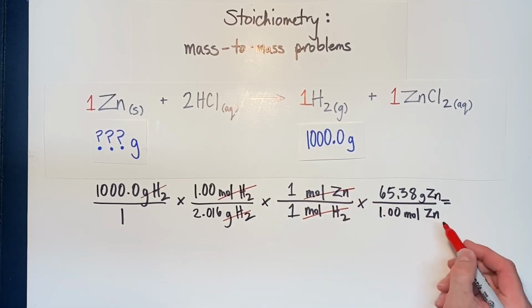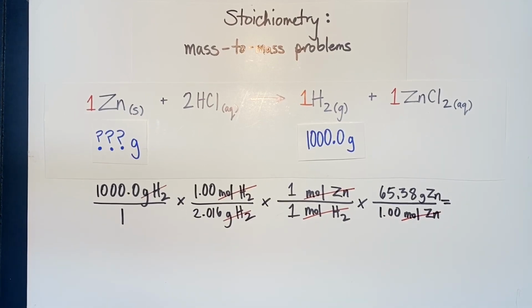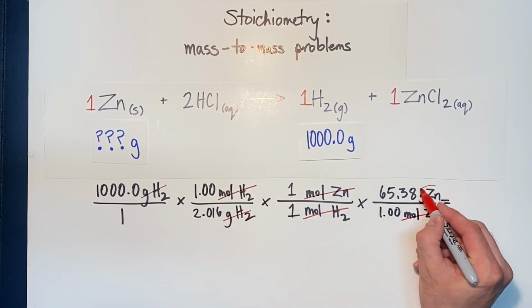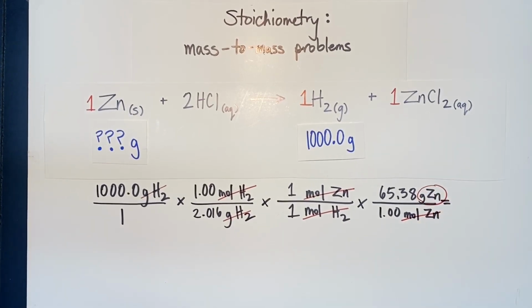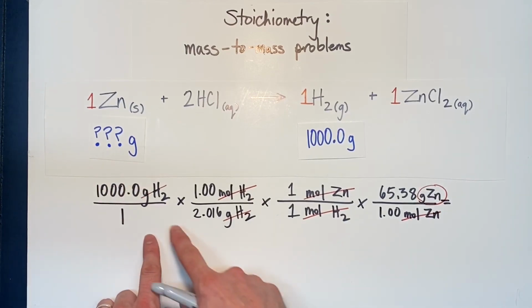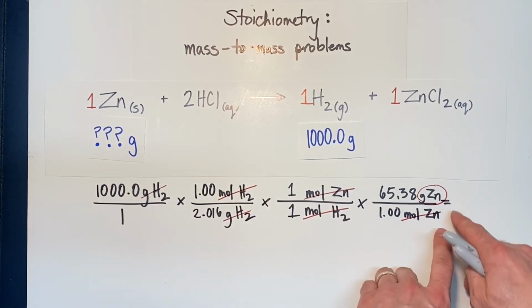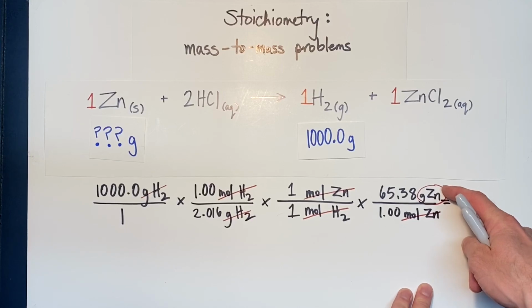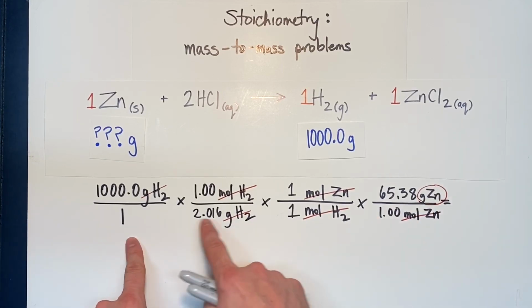Now, before we do any calculations, let's cancel out units. Moles of zinc on top, moles of zinc on bottom. And right now we can double check. Our units inform us that we are doing the problem correctly. Right now, the only units left are grams of zinc. And that's the question. The question asks us to solve for grams of zinc. So by canceling out units, we know that we can stop setting up the problem now.